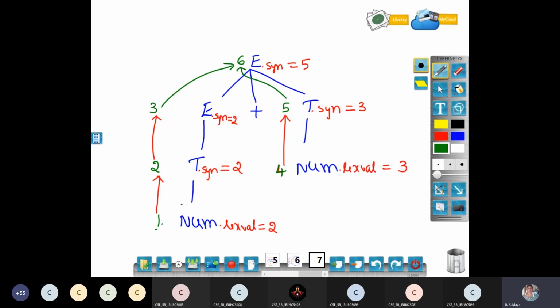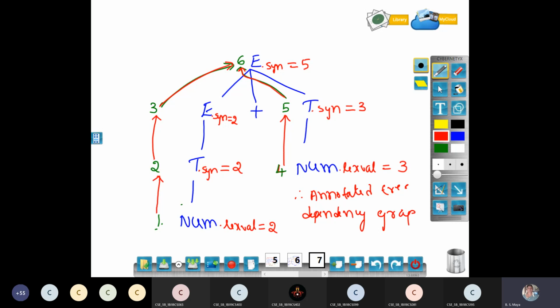Whatever I am representing in red is the red arrow mark. It will go for all these for the dependency graph. Now that tree is called the annotated tree with dependency graph. Example: write the annotated tree and also show the dependency graph.